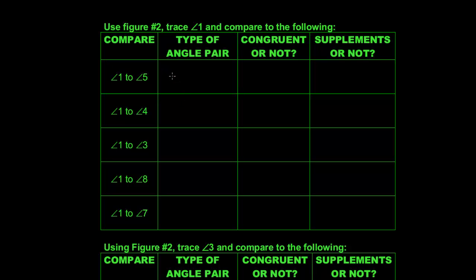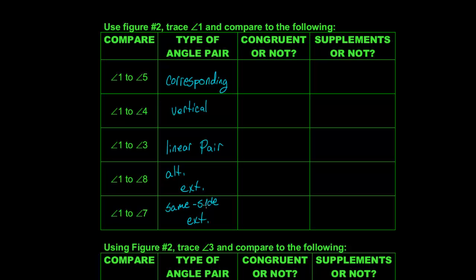So I have here my corresponding. 1 to 4 was a vertical. 1 to 3, linear pair. 1 to 8, alternate exterior. And 1 to 7, same side exterior.